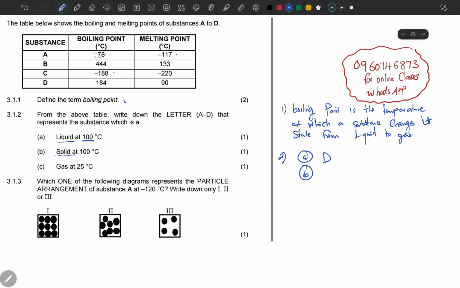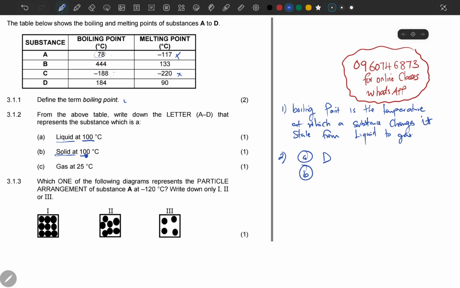Now, for something to be a solid at this particular point, it is a solid, meaning it is starting to melt at that point, going into liquid. So which one would you go for? Negative 117 is quite wrong. This one and this one, they are out. Let's debate between B and D.